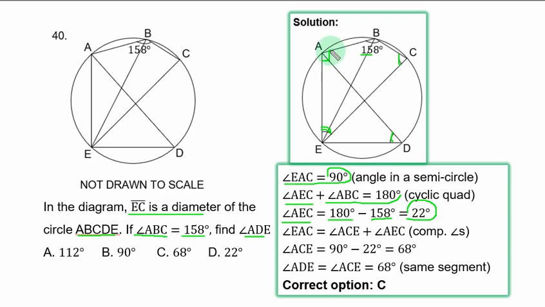Since this angle is 90 degrees, it means if you add this angle to this angle is equal to 90, complementary angles, and angle ACE is 90 degrees minus this angle here, 22 degrees, and you have 68 degrees. Now the angle you are looking for, ADE, is equal to ACE, that is 68 degrees. Angles in the same segment.